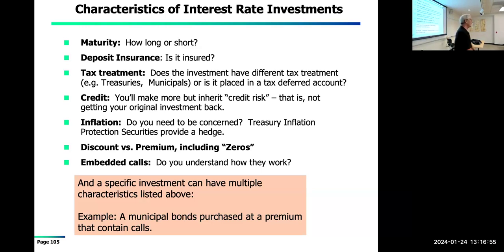I'll tell you a story about a little baseball entity called the San Francisco Giants. The Giants issued bonds to finance what was then Pac Bell Park. I can't remember what the original name was.